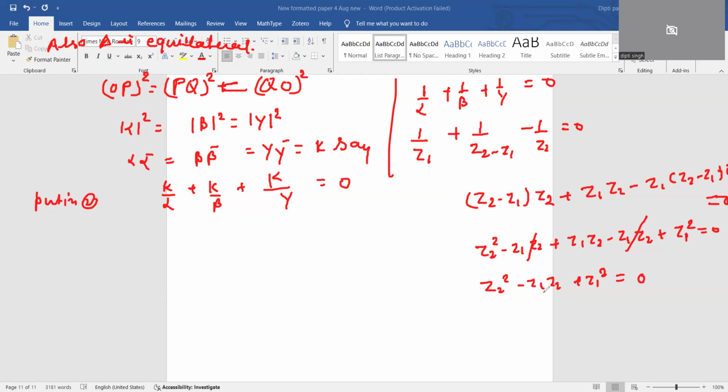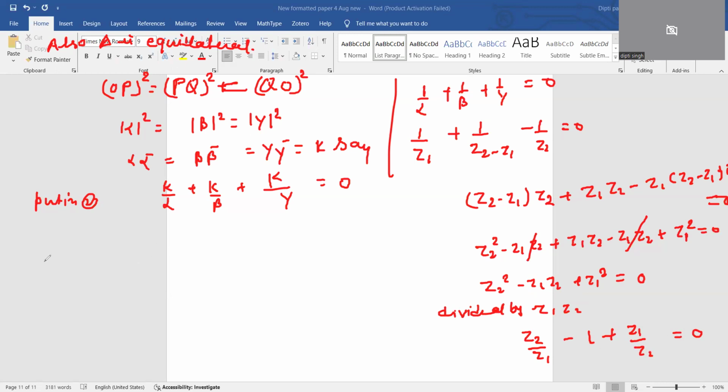If we divide it by Z1 Z2, we get Z2 upon Z1 minus 1 plus Z1 upon Z2 equals 0.